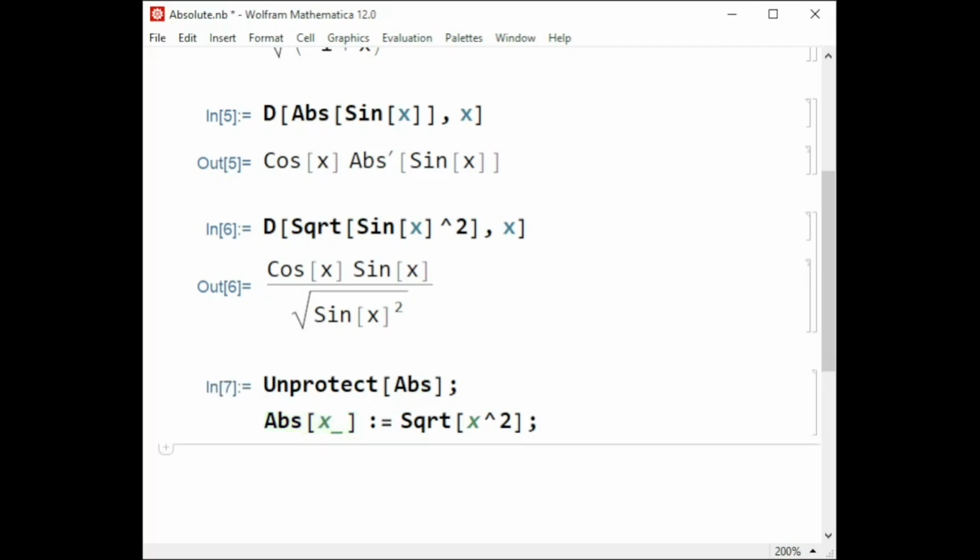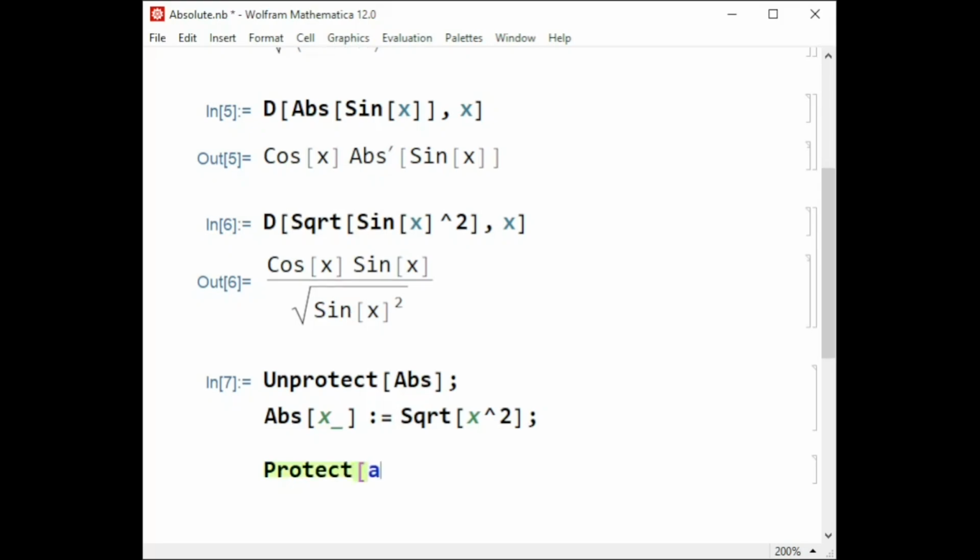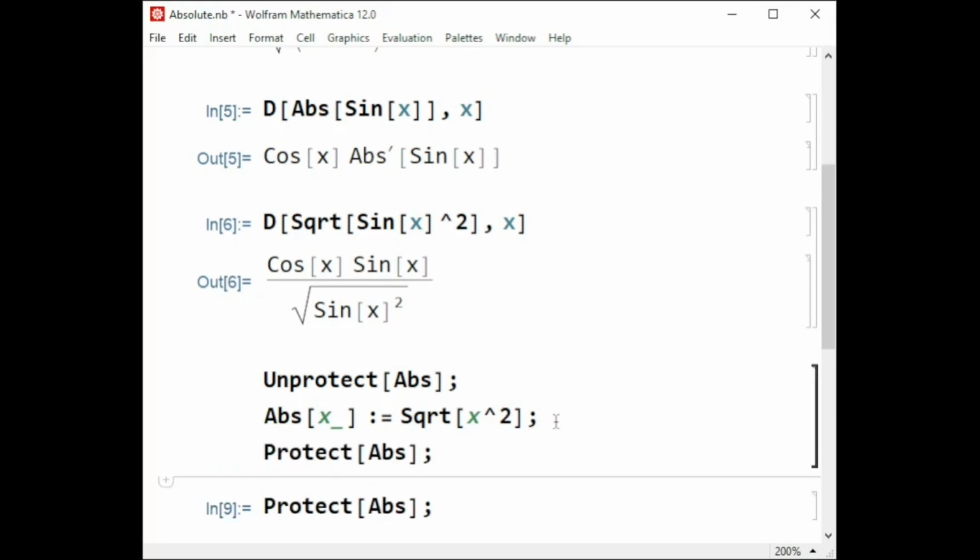I define this function, and then I again write protect ABS. I better put this inside the same slot over here and run this. I delete this one.